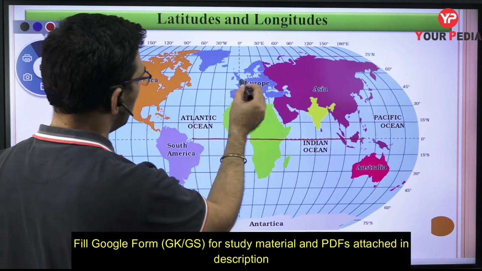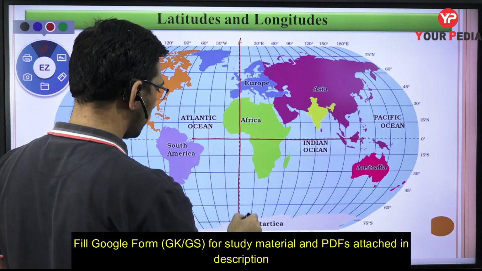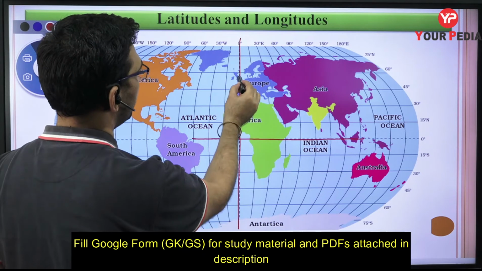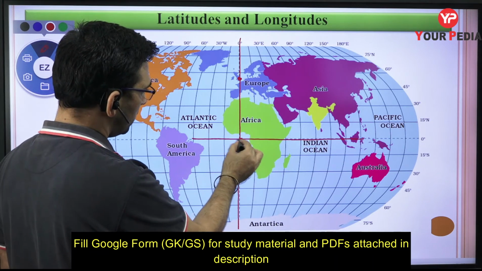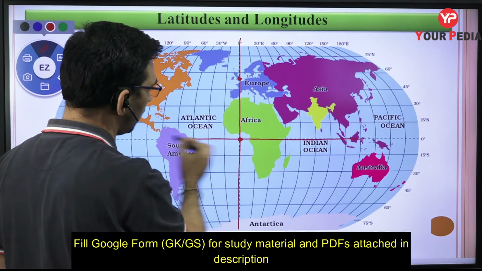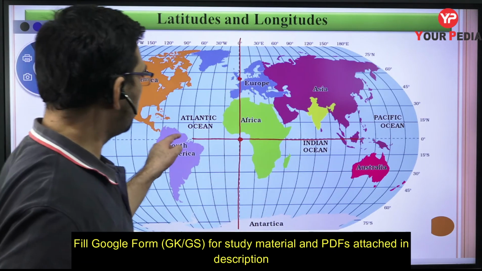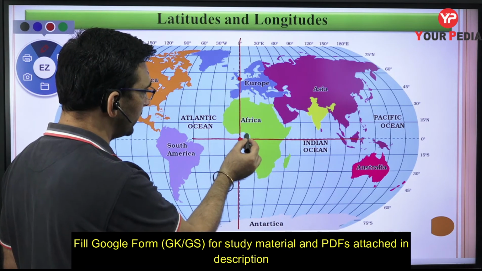And as you know, this is the prime meridian, Greenwich is over here. The point where the prime meridian crosses the equator is in the Gulf of Guinea.